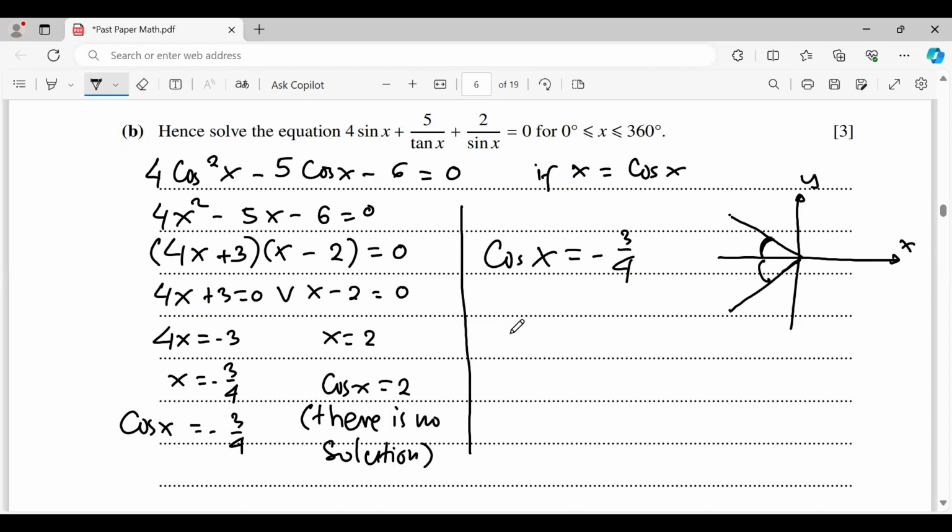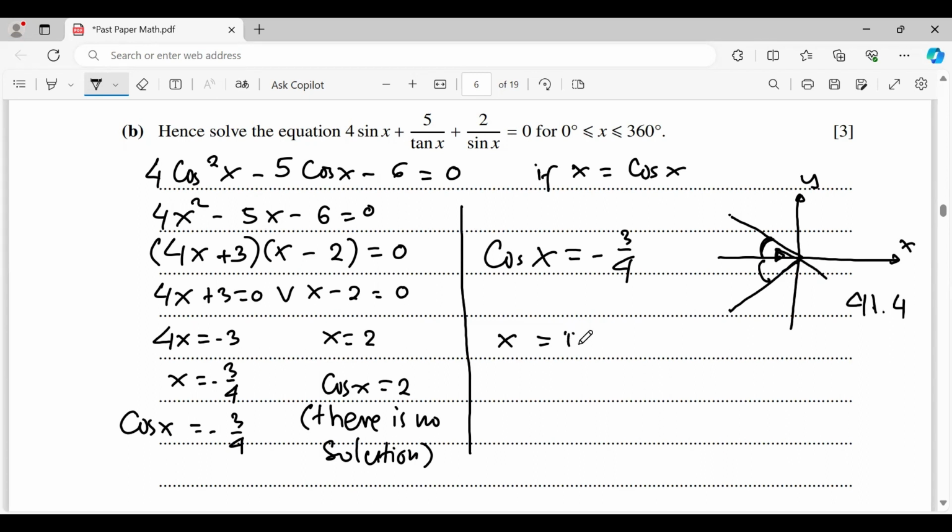So cosine x equals minus 3 over 4. It means we're going to find x through the calculator, cosine inverse of 0.75. The calculator gives x equals 41.4.